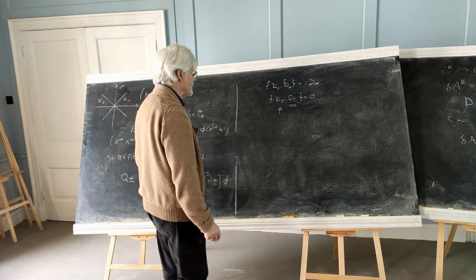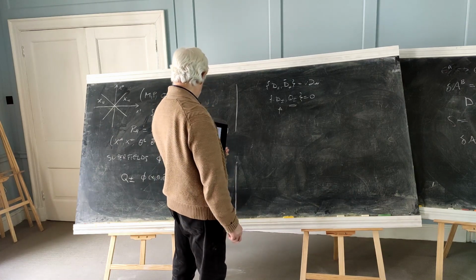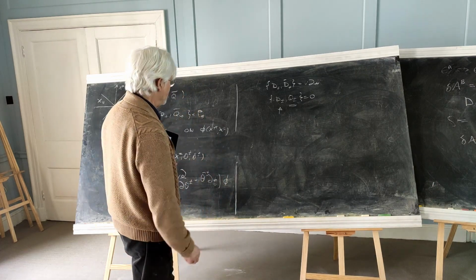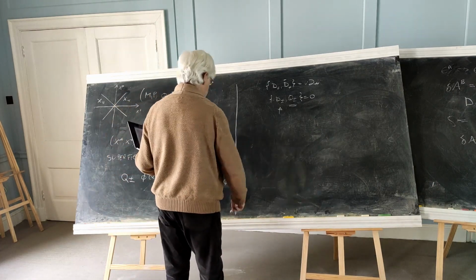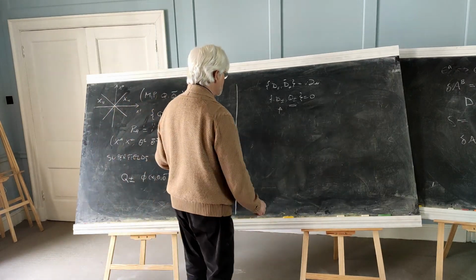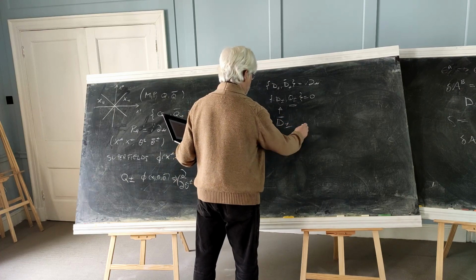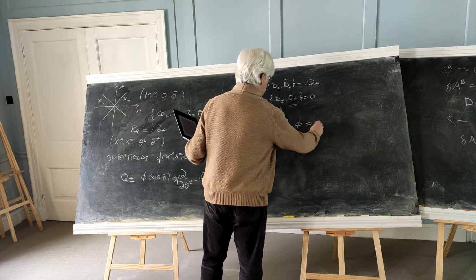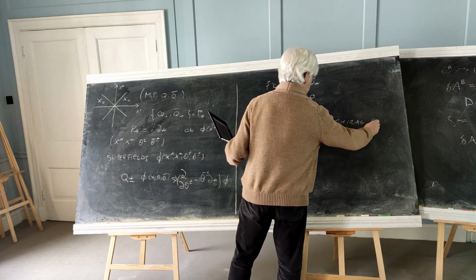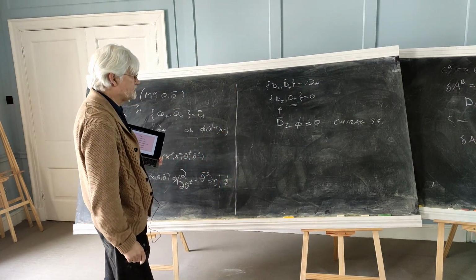And there are a number of ways of introducing constraints in 2 dimensions. The most important one, which carries on to higher dimensions, is this. That's called a chiral superfield. Chiral superfields obey this.